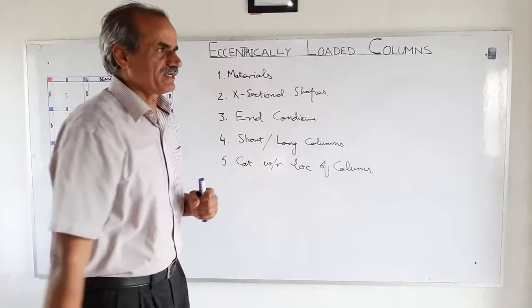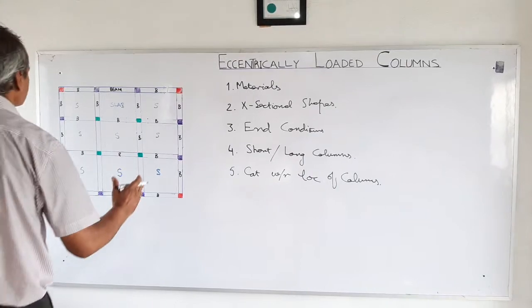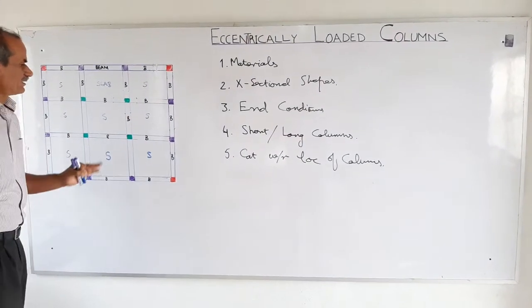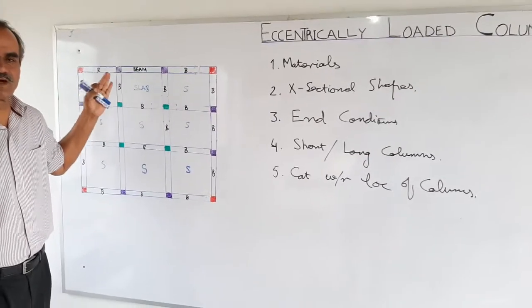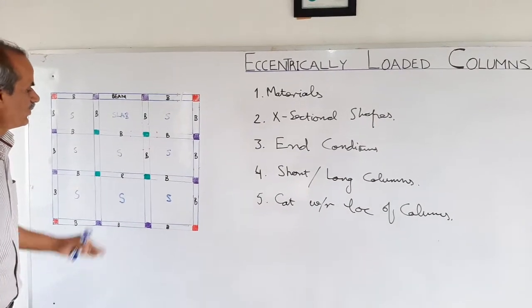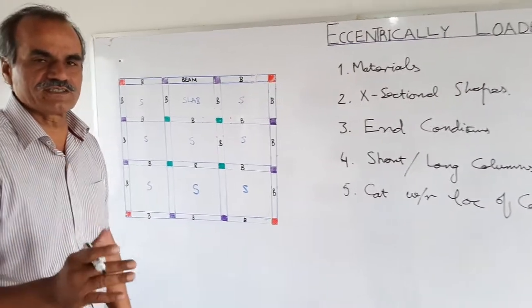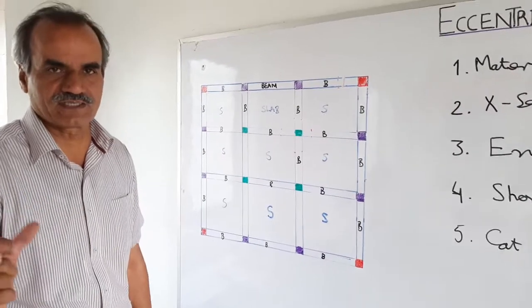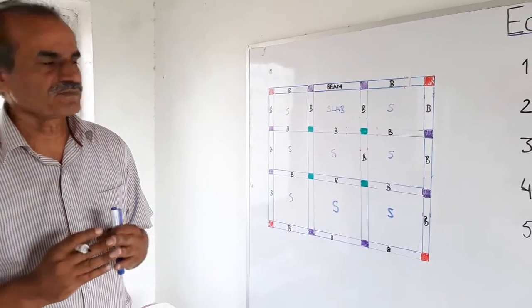To understand this, I have drawn a diagram over here, which is a 9-bay roof. It is based on a 3x3 grid, and if you see, I have used 3 different colors to categorize different categories of the columns with respect to their location in the structure.